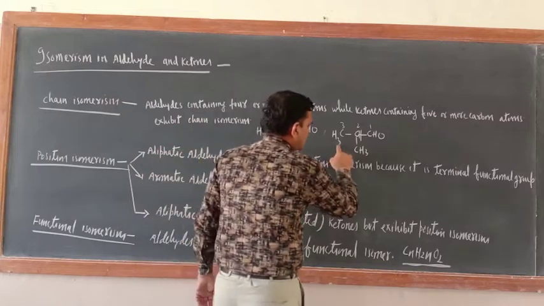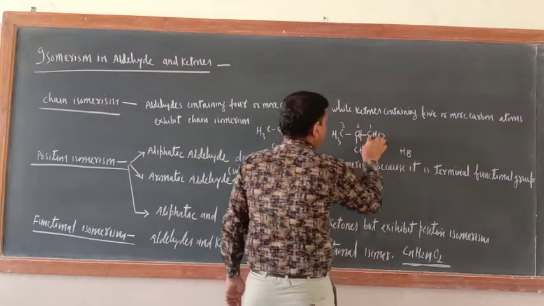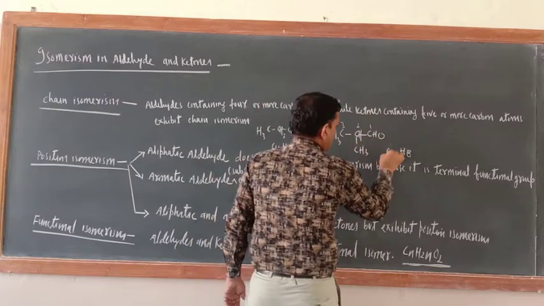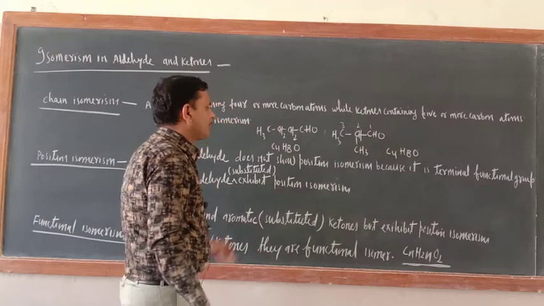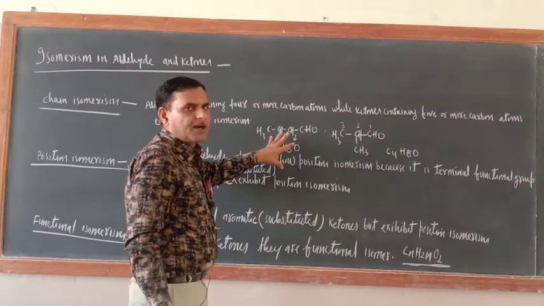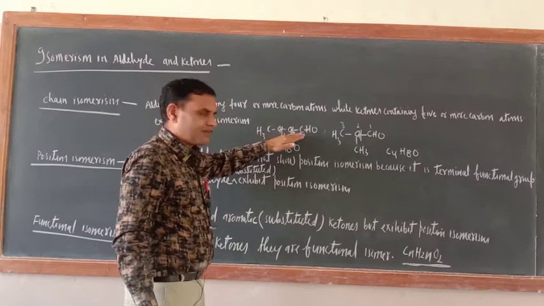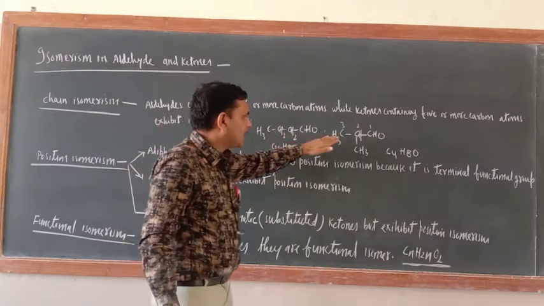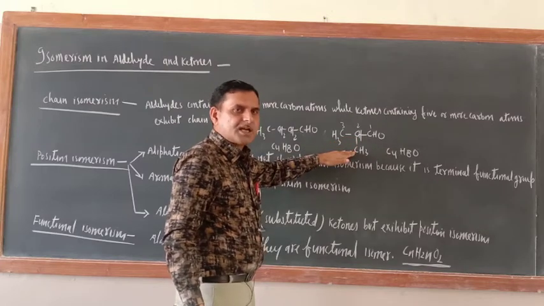And here also hydrogen is 8, carbon is 4, oxygen is 1. So the molecular formula is the same, only the arrangement of carbon atoms in the chain is different. Here all the 4 carbon atoms are arranged in the chain, but here 3 are arranged in the straight chain and the 4th one as a side chain.